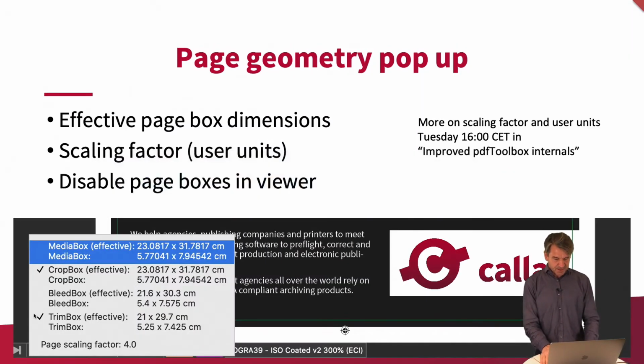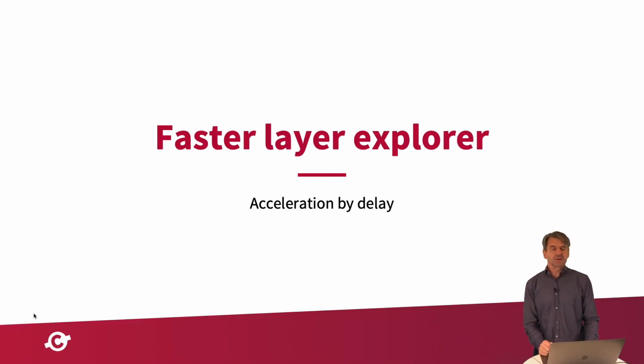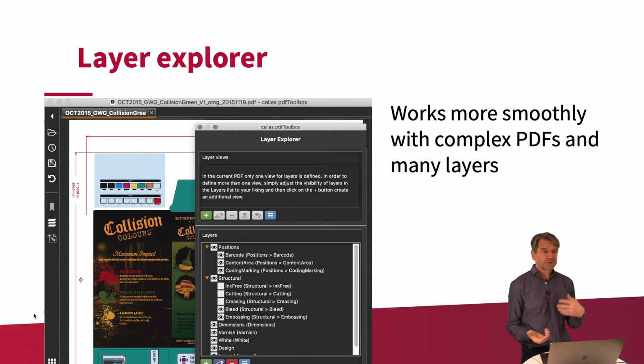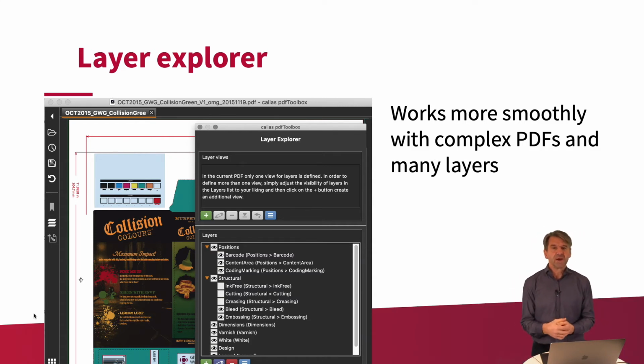Okay, moving on. There is a small improvement in the Layer Explorer too. So pdfToolbox for a long time has the ability to display layers and allow you to switch them on and off. However, if you have a very complex PDF file with lots of information on layers, pdfToolbox 11 had the habit of always rendering the page with the new layer settings, and only then looking into the Layer Explorer whether you had changed something.